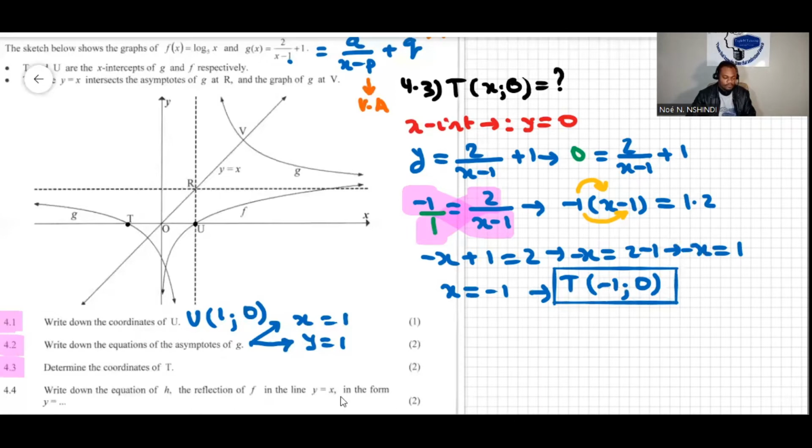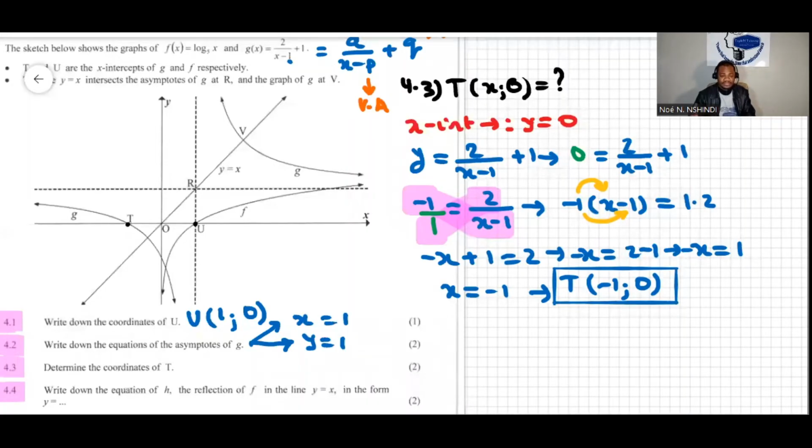Question 4.4. The question says to write down the equation of h, the reflection of f in the line y equal x, in the form y equal to etc. There's something a bit funny about the question, because all the English that we see here, the reflection of the line of f in the line x equal y, simply means the inverse of the function.